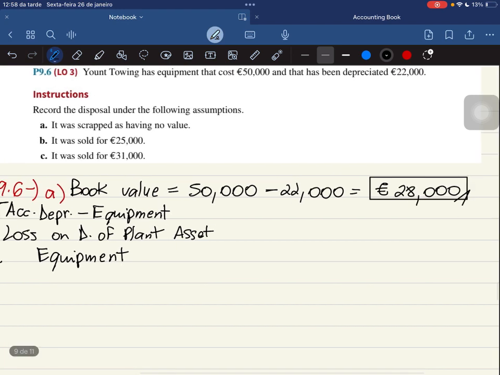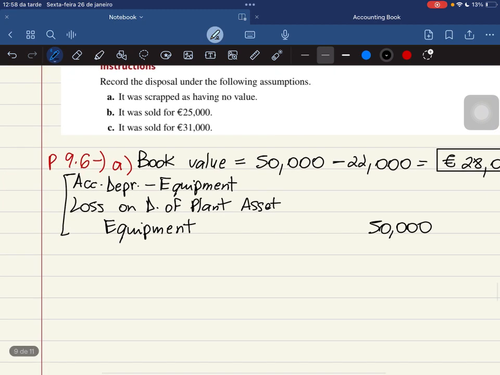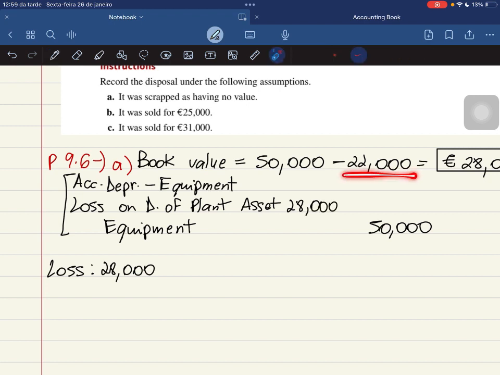Your original equipment was worth 50,000. Your loss, we can put it over here. You threw it away, so it's just going to be the full value, 28,000. And the whole depreciation up to this point was $22,000.